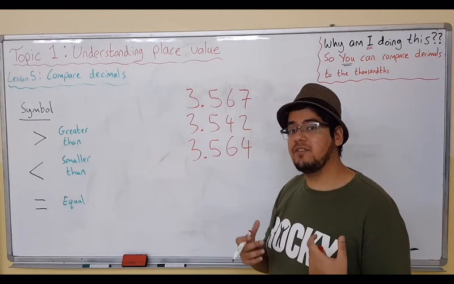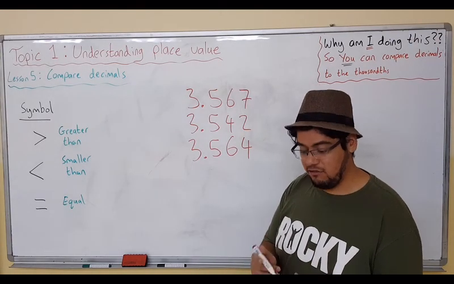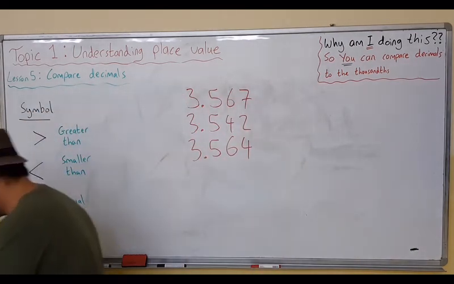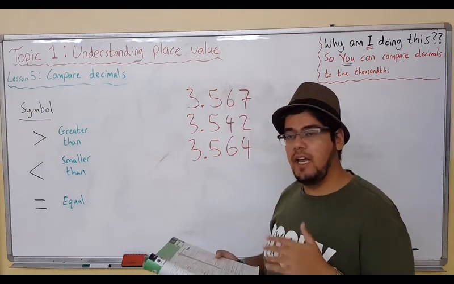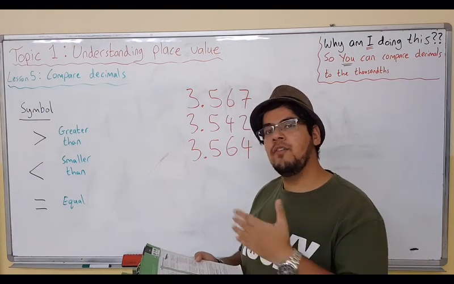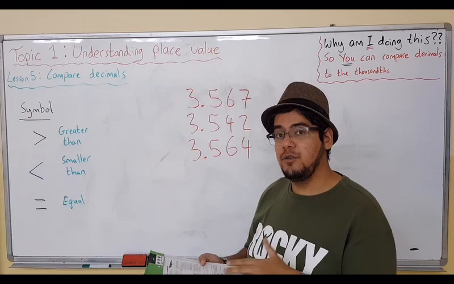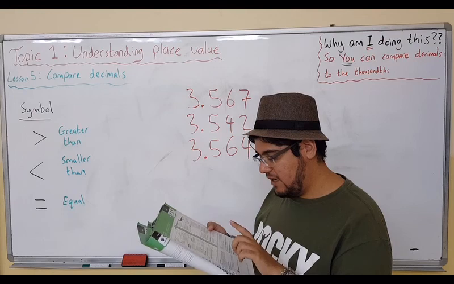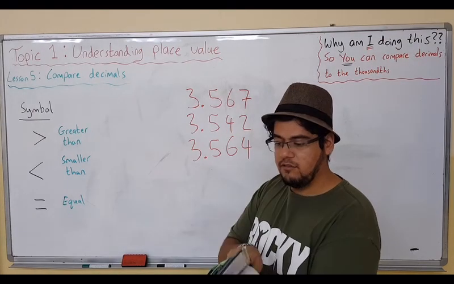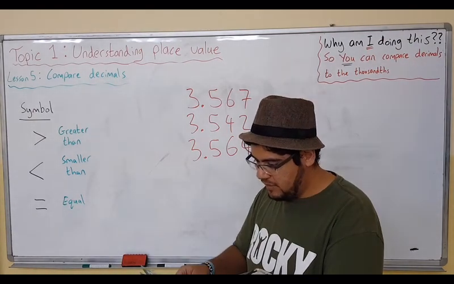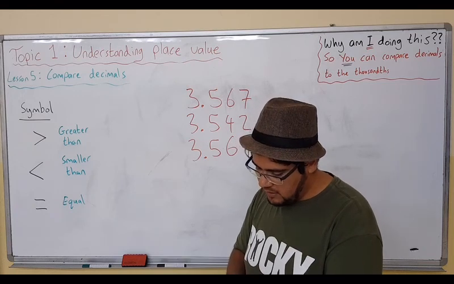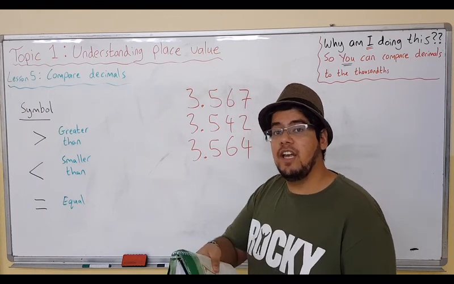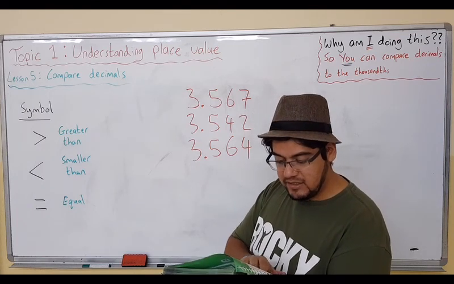There are a number of words you have to get used to seeing and hearing, and you're going to see them in your book or whatever other papers you use for this kind of lesson. It's going to say, compare the decimals, order the decimals from greatest to least.